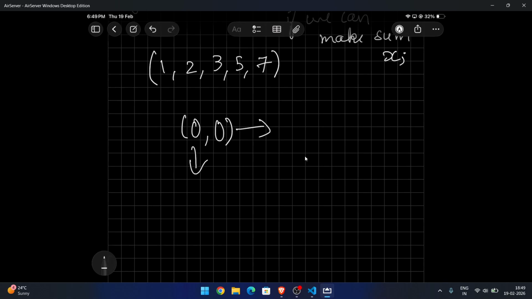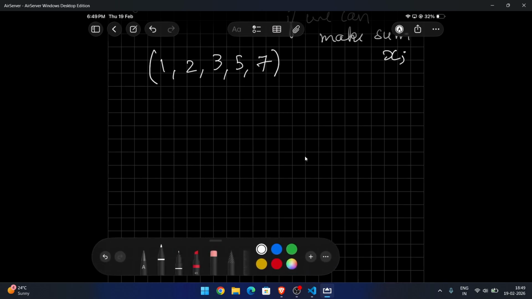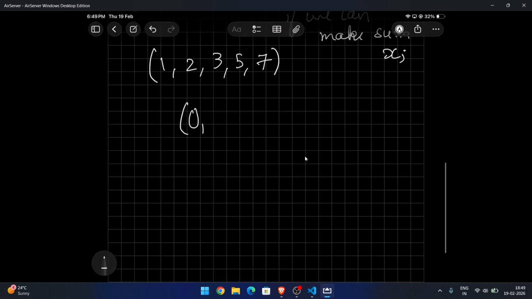Either I can take this one. If I take this one, then I would check if it's possible to get my answer with my next starting index being 1 and my current sum being 1. So what I'm checking is, I am at index 0 and I want to check if it's possible to make some x or not.